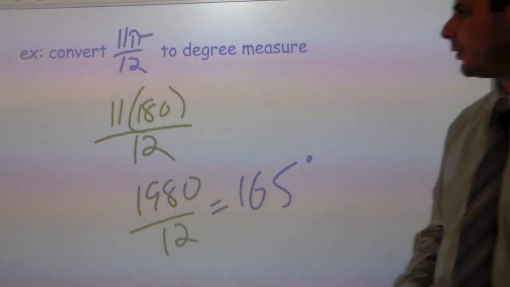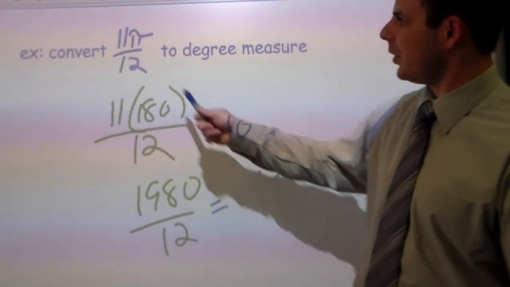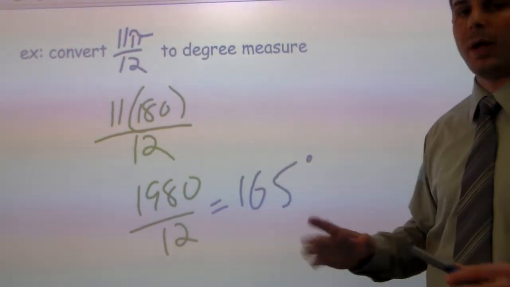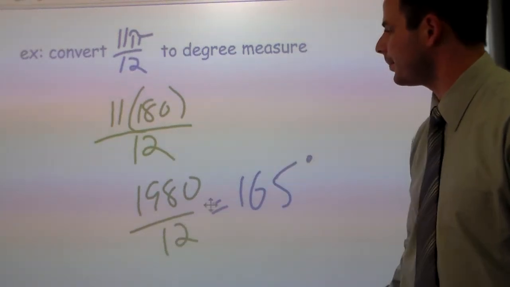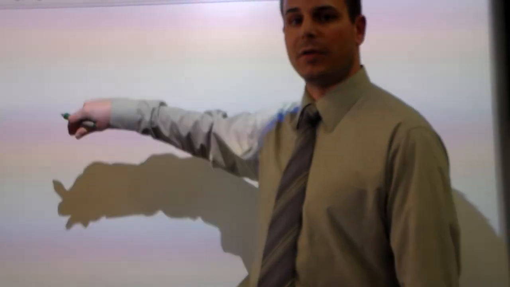So now you may be saying to yourself, man, pi's not equal to 180. What's going on here? I always thought pi was 3.14. Well, it is. What you're really doing to convert from radians to degrees is multiplying by 180 over pi.